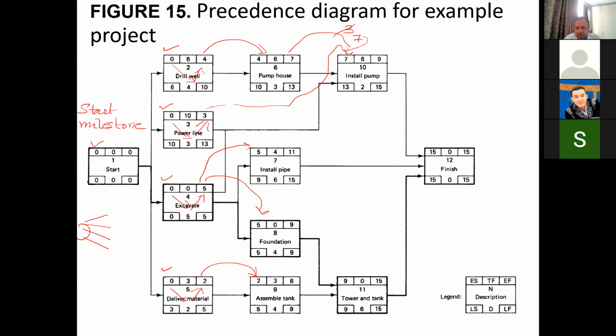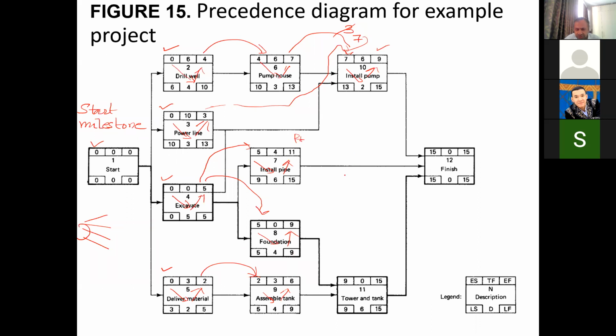Now once we get these values, 4 plus 3 is 7. Yes, 7 will come from here. And 7 plus 2 is 9. Then 5 plus 6 is 11. And then 5 plus 4 is 9. And then 2 plus 4 is 6. So we already got these values.